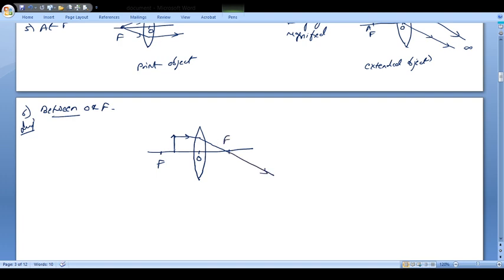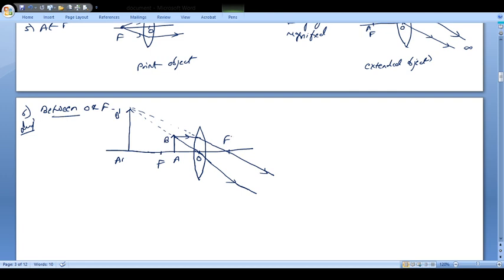Now another ray passing through O, you will find that it is something like this. Now see here, these are two basically diverging rays and it will appear as if they are coming from one point here, right? It will appear, if I extend it in the backward direction, it will appear as if it is coming from here. So this is basically your image A dash B dash and this is AB.